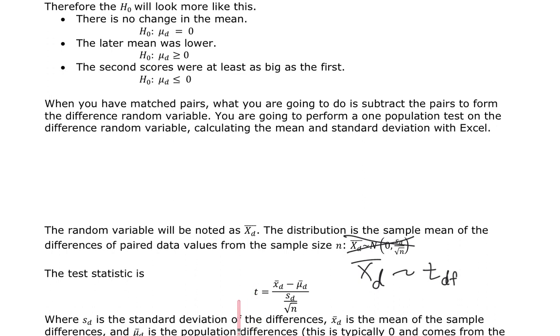So our test statistic is X bar D minus mu sub D, divided by the standard deviation of the differences divided by the square root of the sample size. Now again, this is a t distribution, but we're going to be using capital X bar sub D.